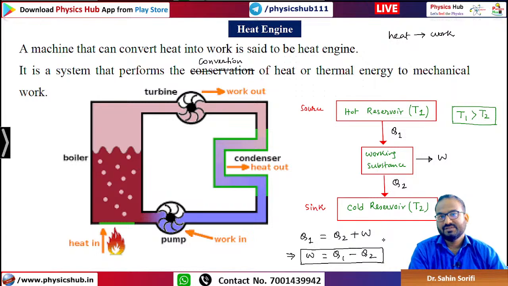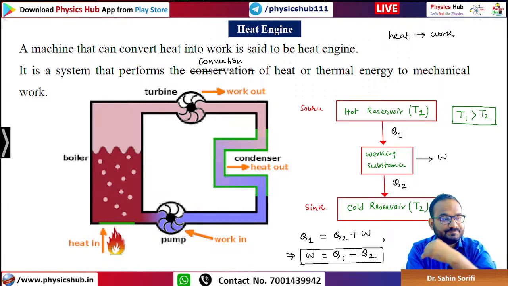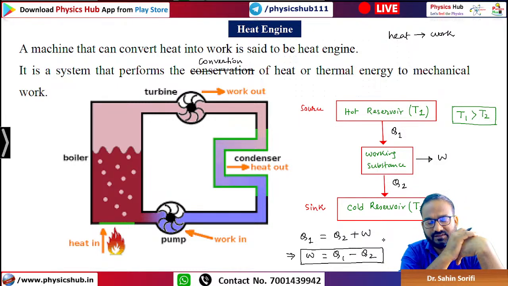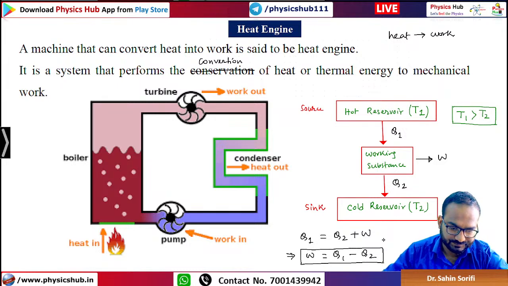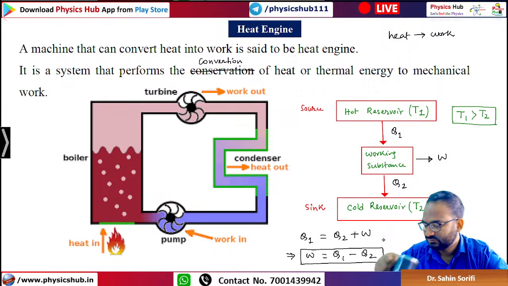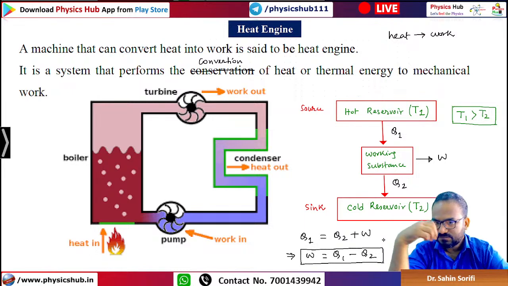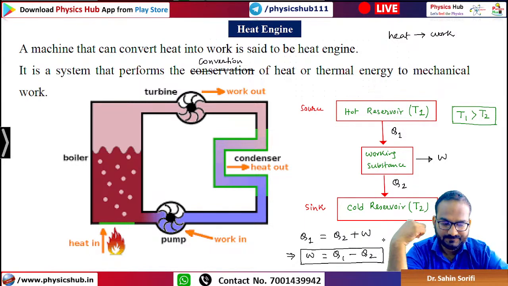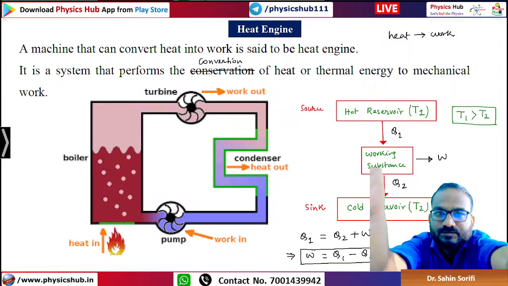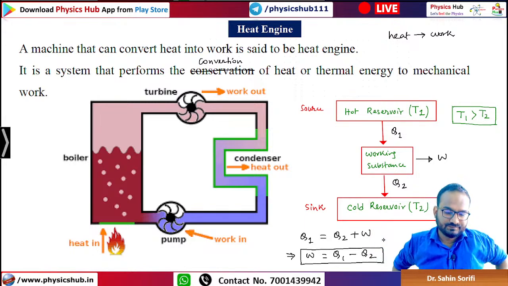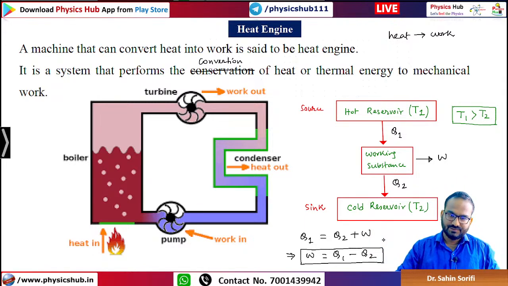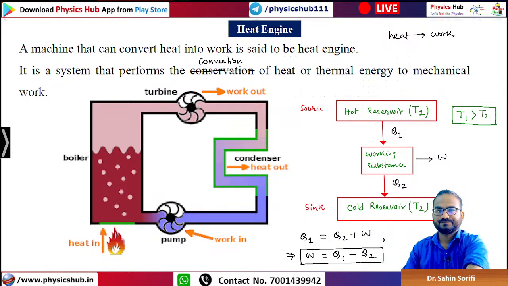Now, this is the basic structure of a heat engine. We have to define the heat efficiency, the efficiency of this heat engine. How will you define efficiency? Let us define the efficiency of this heat engine.